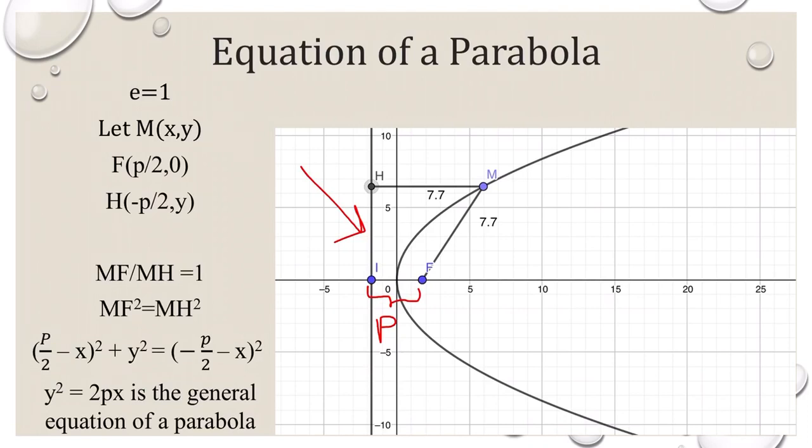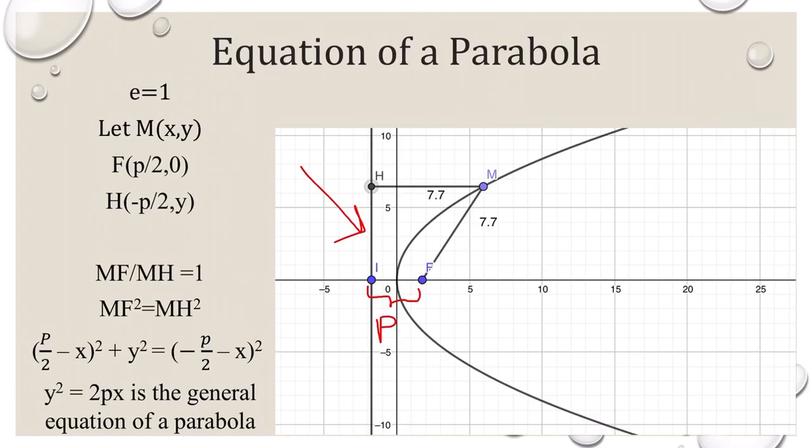We know that the eccentricity is equal to 1. If the eccentricity is equal to 1, then the ratio MF over MH is equal to 1, which means that MF and MH are equal. So if we square both sides, MF squared is equal to MH squared.